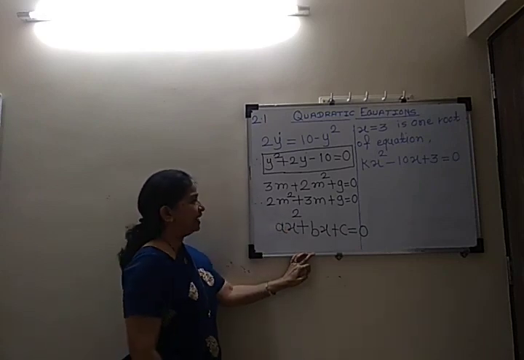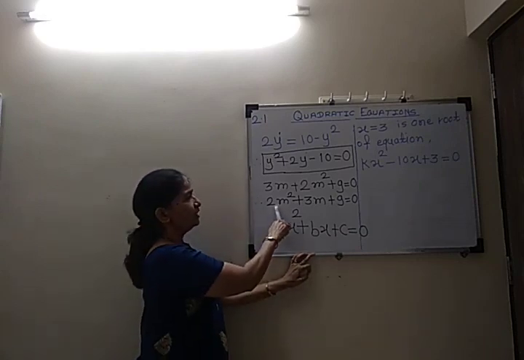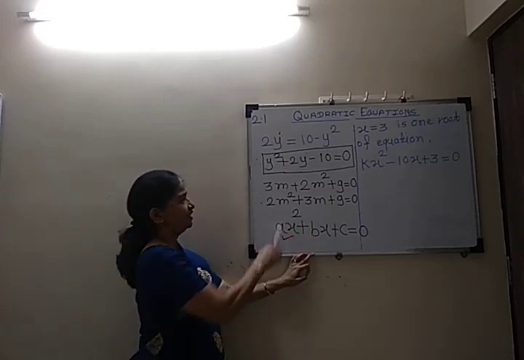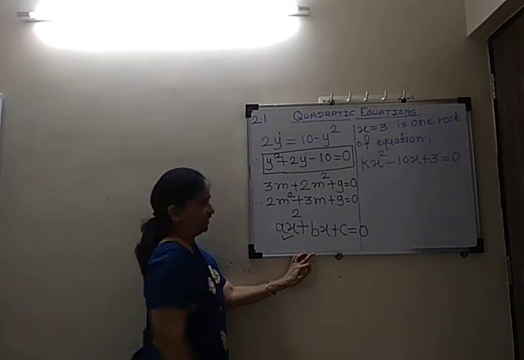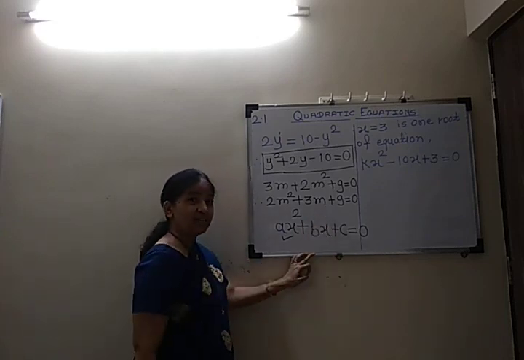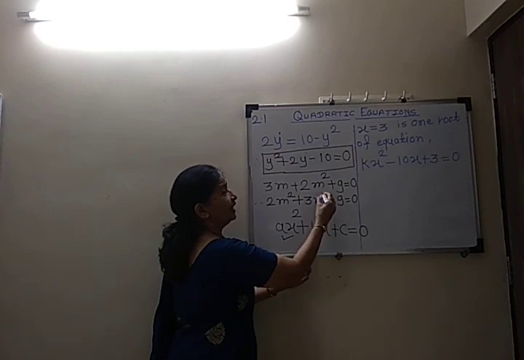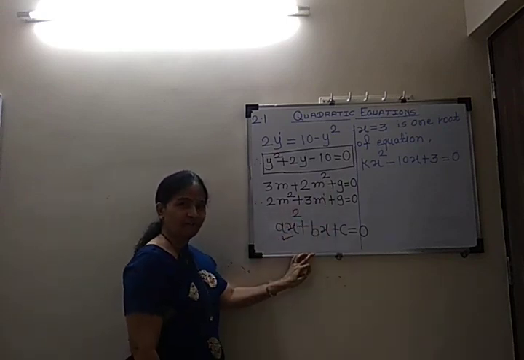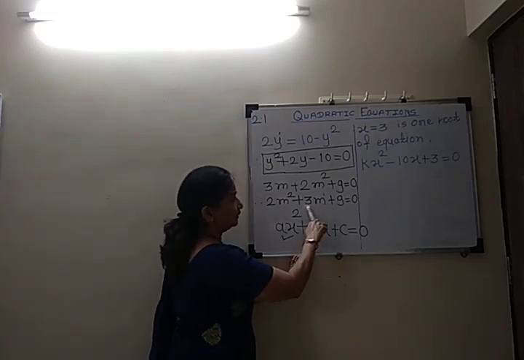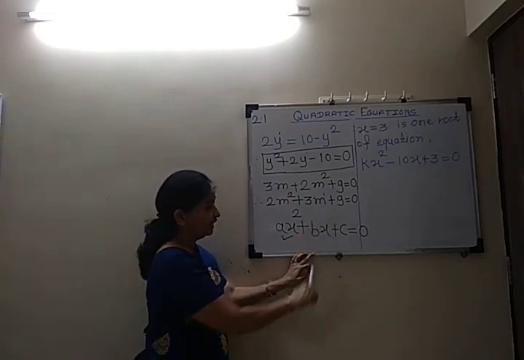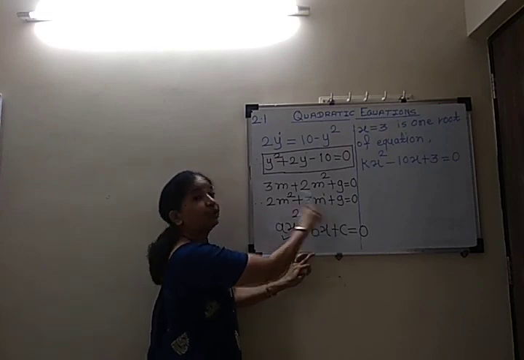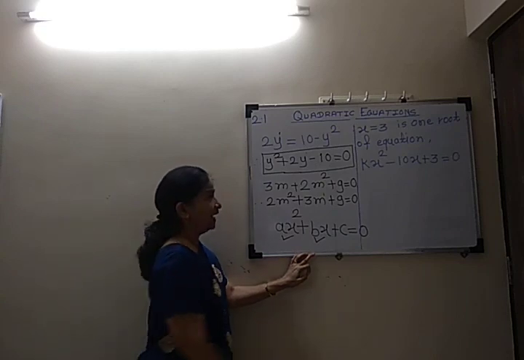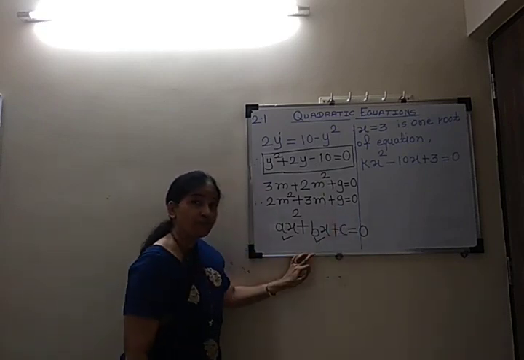Now check whether we are right or wrong. First one, the square term, like this one, ax square, we see 2m square. Second one is the term with index 1 because we are taking descending order of index. So that is 3m, is it right? Yes, like bx we took 3m. Then c, the third term, is constant.